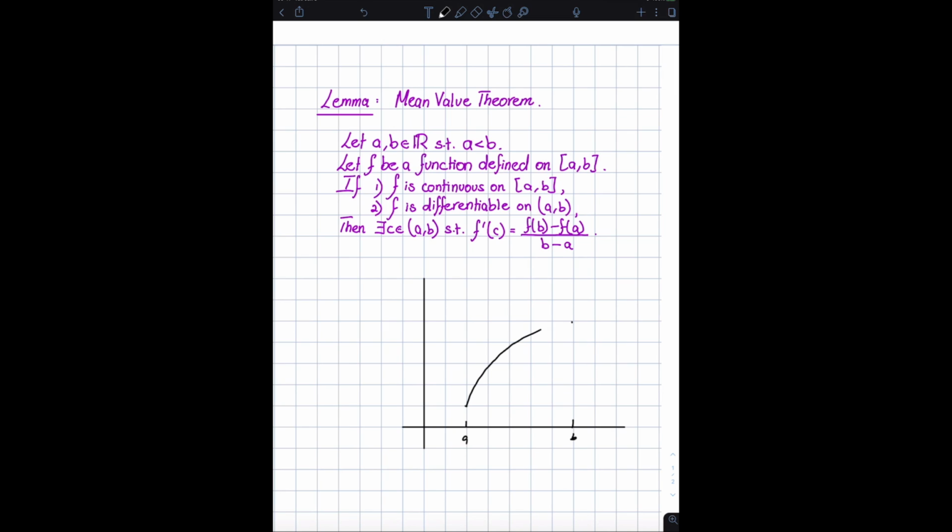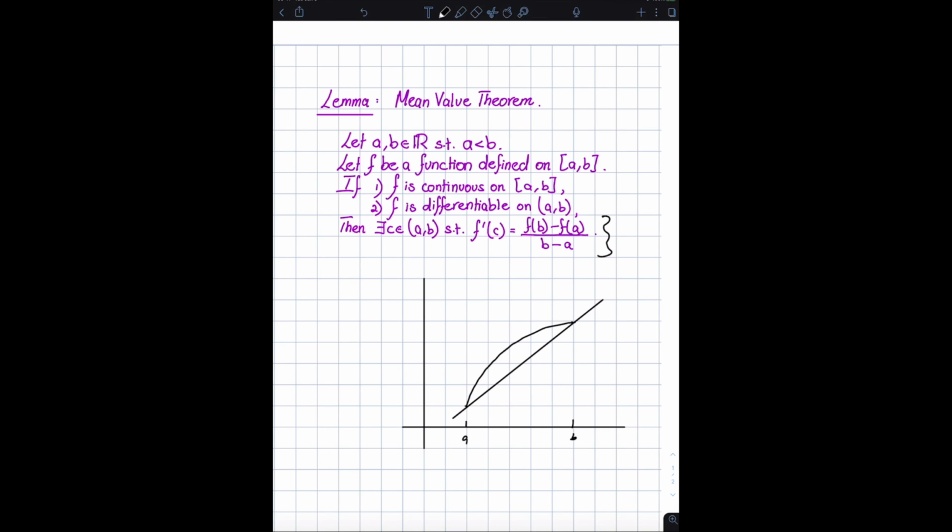Okay, so let's say this is a graph, and what this theorem is saying is that as long as this function is continuous, which it is, and differentiable, which it also is, on the closed interval a comma b and then the open interval a comma b respectively, then this must be true. So there must exist a point where the derivative is equal to the slope of this line.